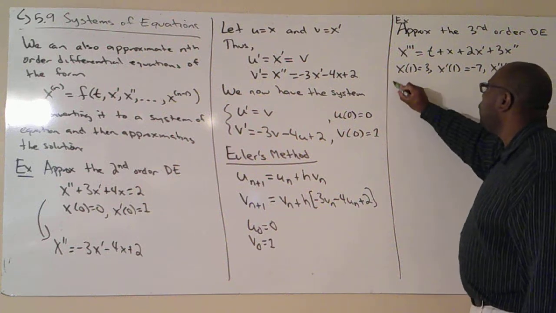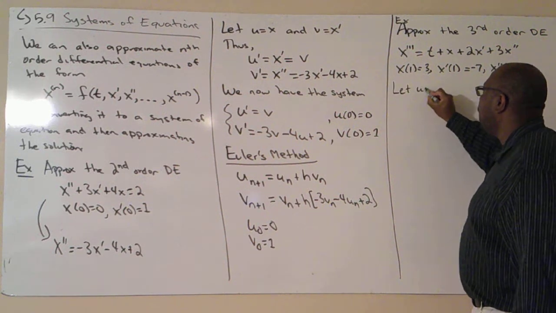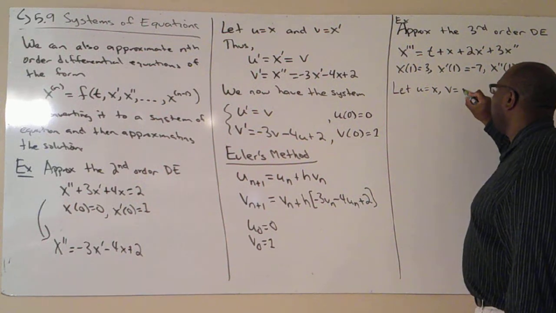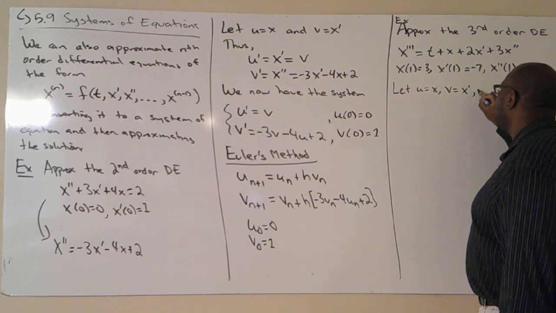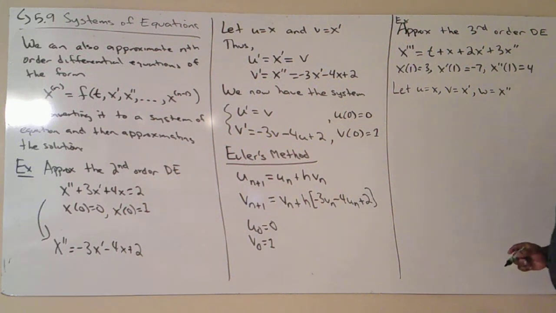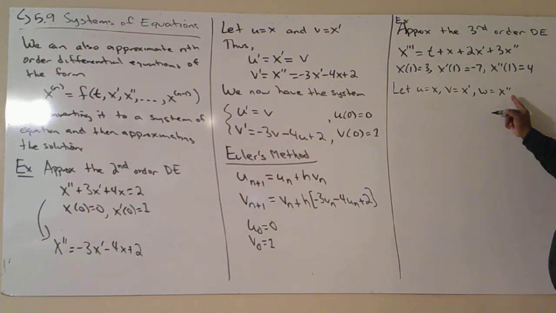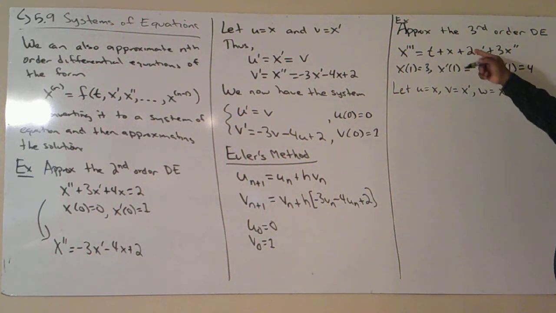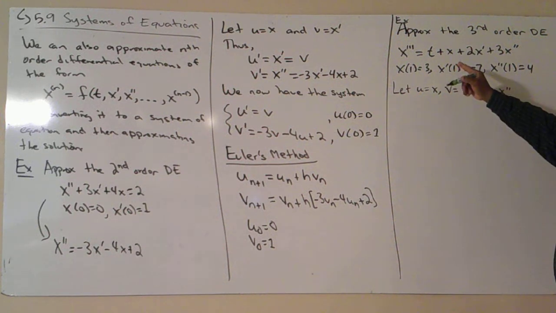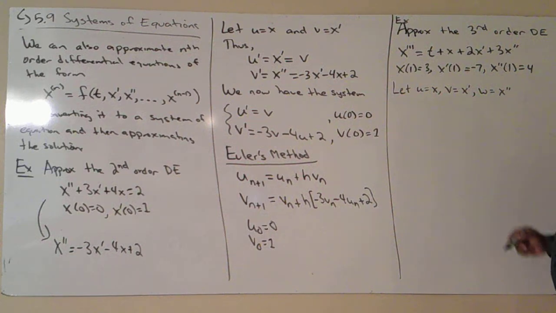Let u equal x, let v equal x prime, and let w equal x double prime. Notice that I go up to one derivative lower than the order of my differential equation. This is a third order, so third derivative, so I'll go up to the second derivative for my substitution.